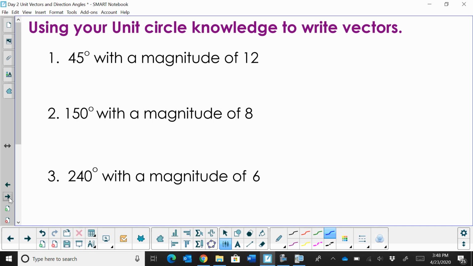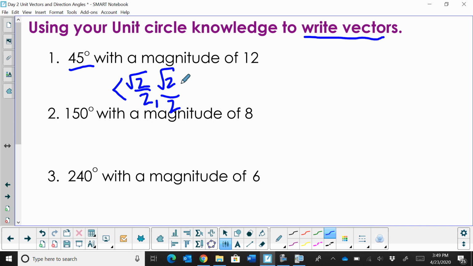Now, using that knowledge, we're going to write vectors that have the same angles on the unit circle but are larger, are not shrunk down to that magnitude of 1, but are larger. And how would we write that? So let's take the 45-degree angle. We just saw that the vector for that position on the unit circle is root 2 over 2 and root 2 over 2.